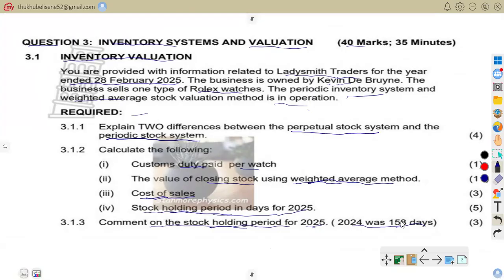It's 117.3 days. So now we are to comment on that. As you have calculated, 2025 is 117.3 days, but now it has improved: it was 158, now it comes to 117.3 days. So now let us go and comment in our answer book.